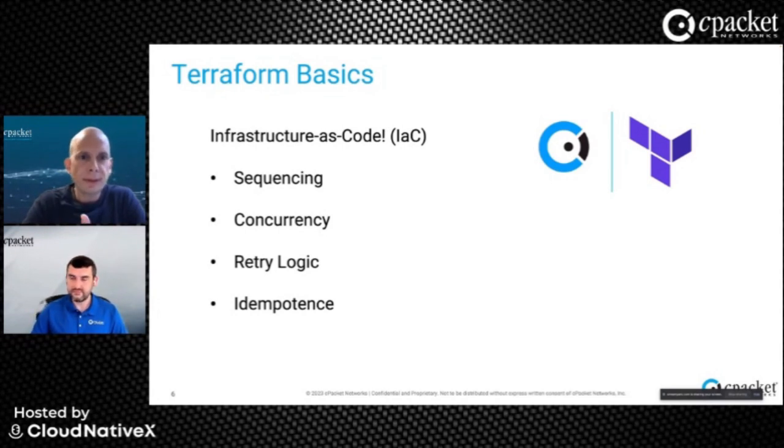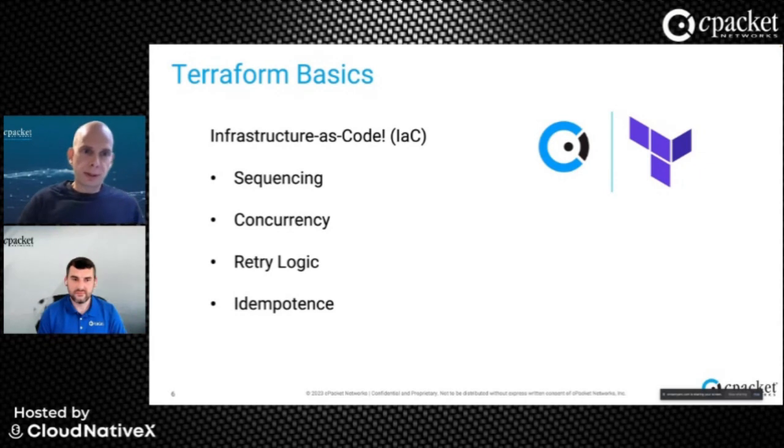Well, what Terraform does for you is the nitty-gritty of deployment. The main thing in this list is sequencing, so the order of operations. As a network operator or as a developer, you specify what you want instead of how you want to deploy it, right? It's a declarative way of deploying.